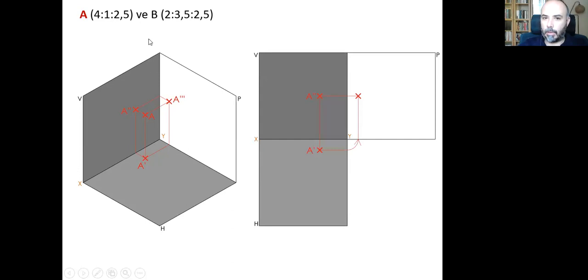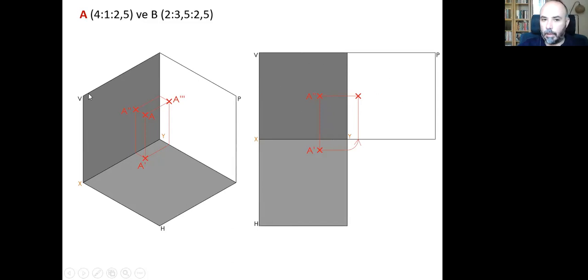So if I am looking at the system from above, I am going to see this point as being projected over this horizontal projection plane as A prime here. And as you can remember, this is how we think. When we are standing over the system and looking down, we are seeing the H projection plane right in front of us, and we are trying to ignore the rest of the drawing.